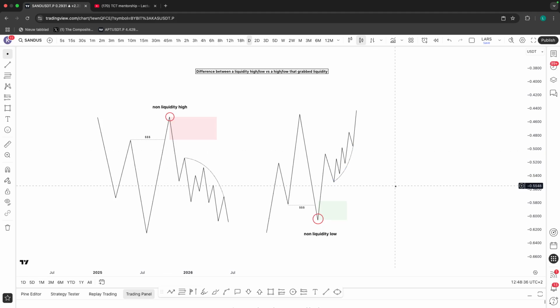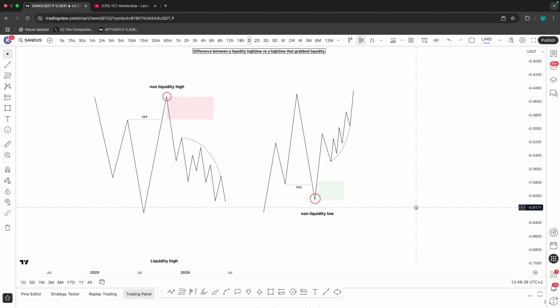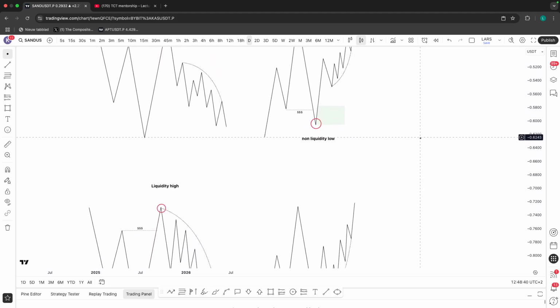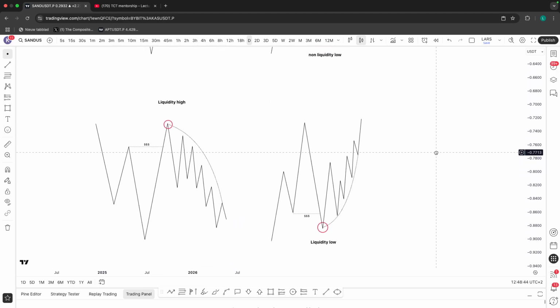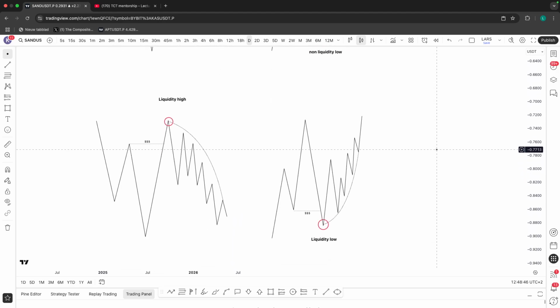Okay? Now, an exception of this is if price grabs the liquidity high or grabs the liquidity low, but immediately starts creating price action nearby that high or nearby that low, not leaving behind any supply or demand or inefficiency.